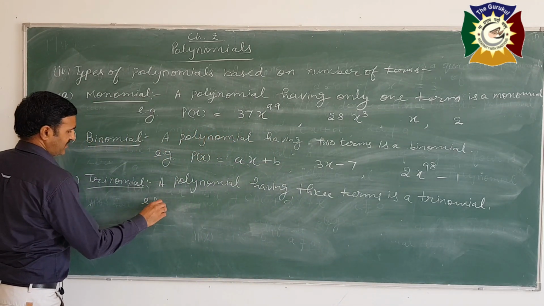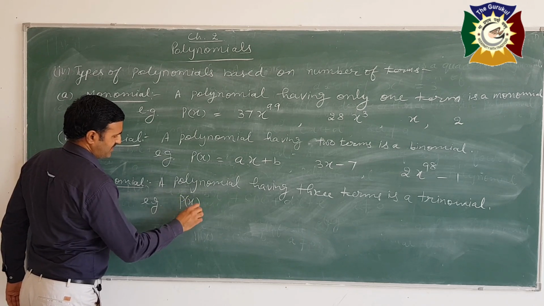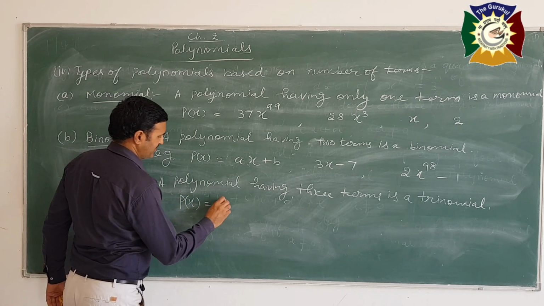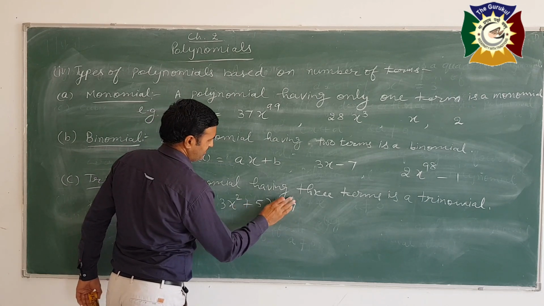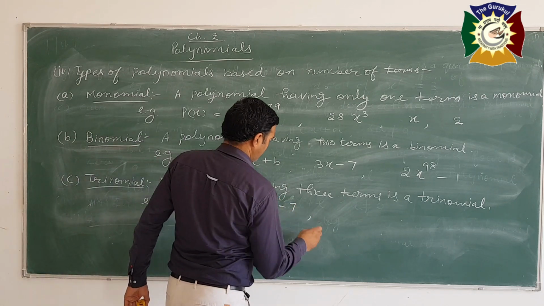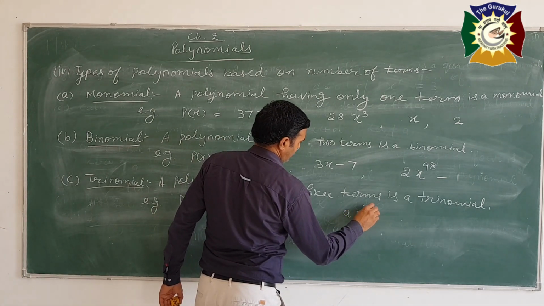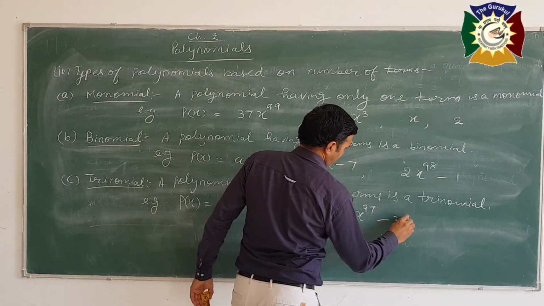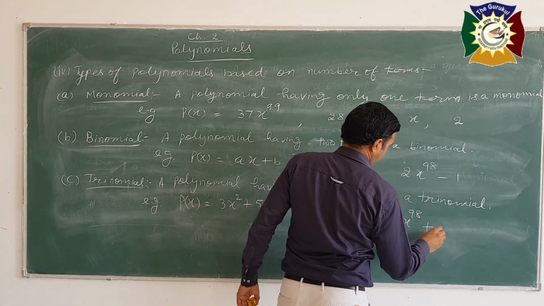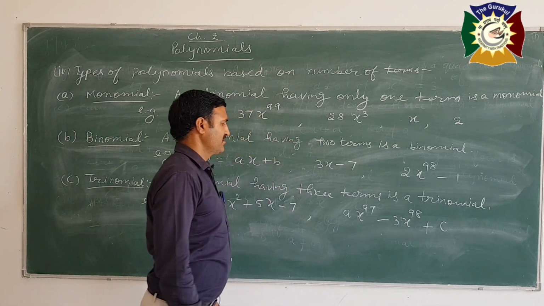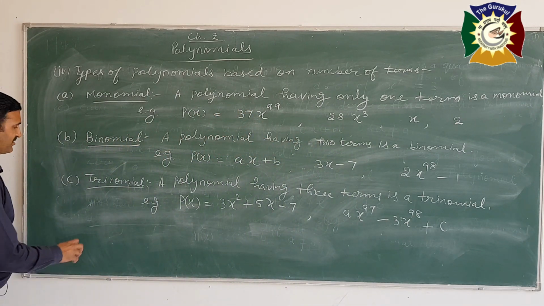And example, you know the number of terms are important. 3x square plus 5x minus 7, this is a trinomial. Or in this also we have 3 terms, so this is the trinomial.